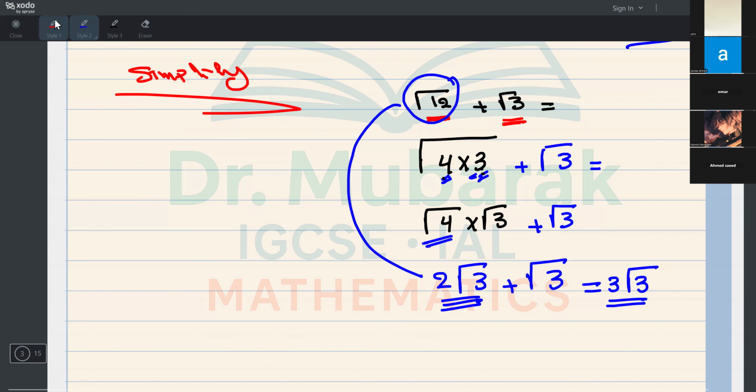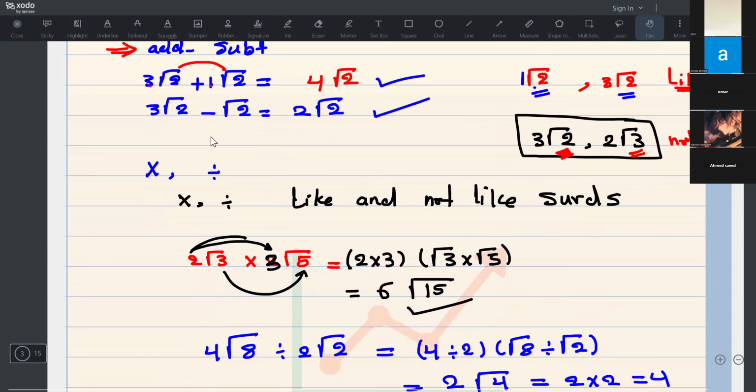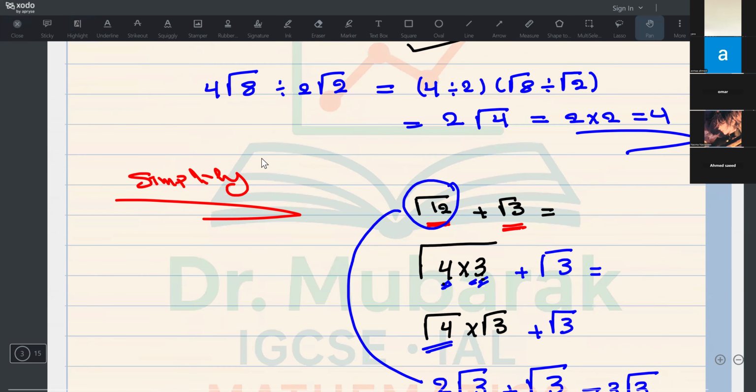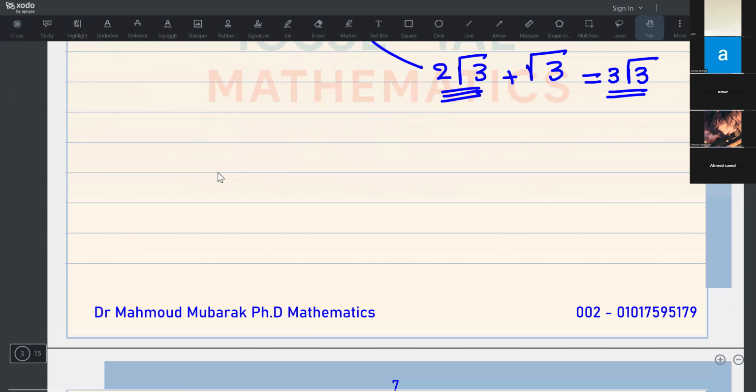Okay. So this is all about addition, subtraction, multiplication, division, and simplify. I'll write two questions now, and I'll answer. Anyone to solve with me.